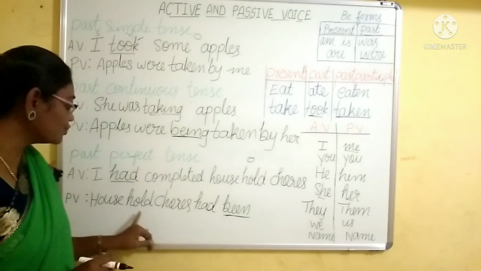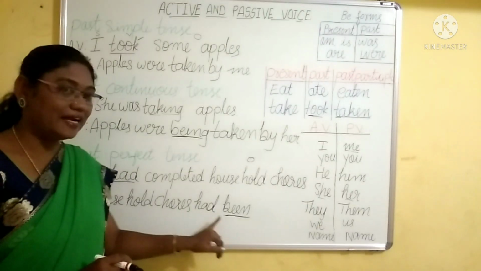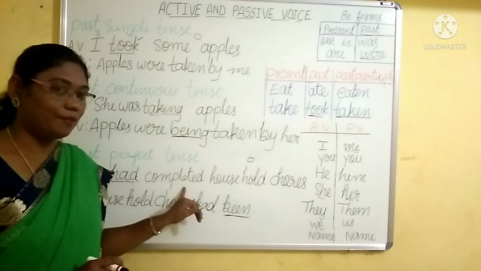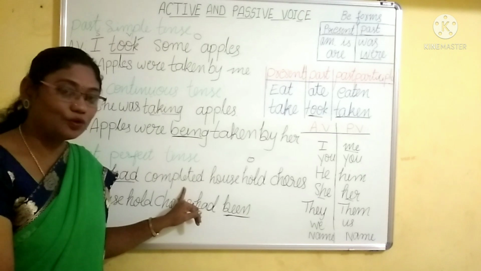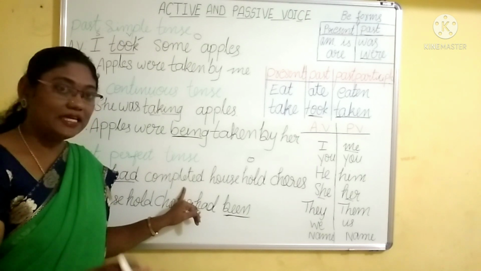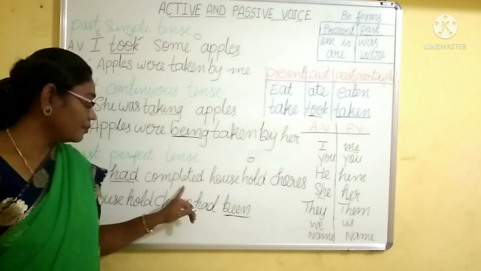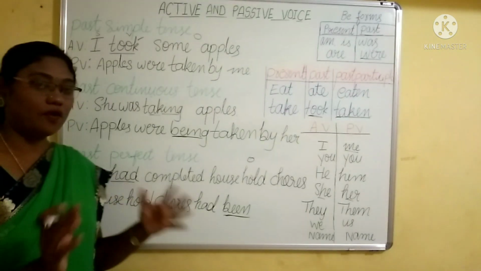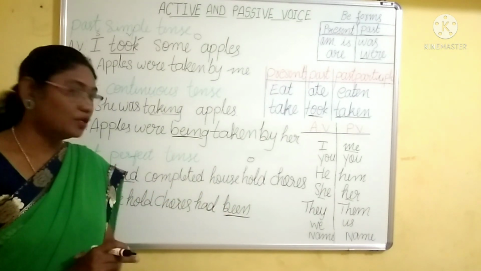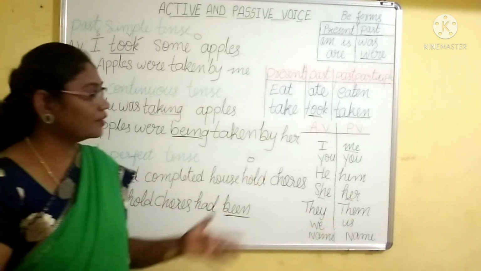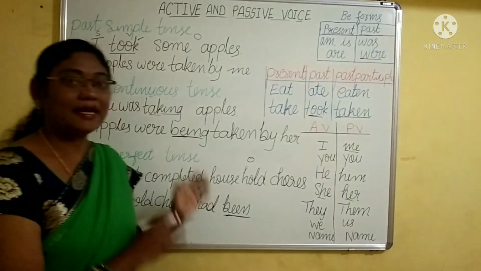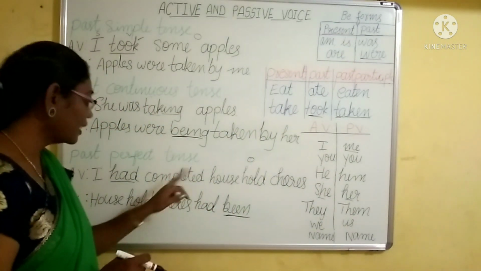Household chores had been completed. Again V3. Don't forget, writing V3 is compulsory because these have forms are always followed by V3. So we need not go to that list. Already given. Completed.